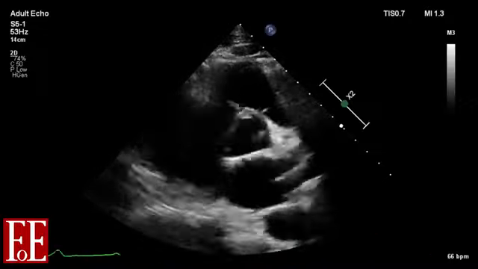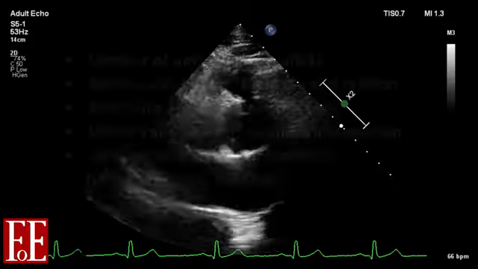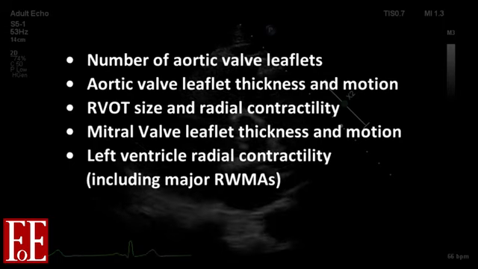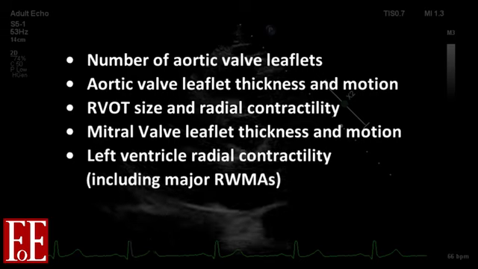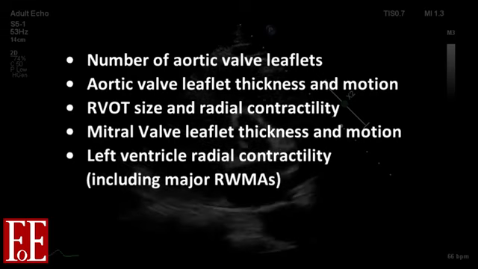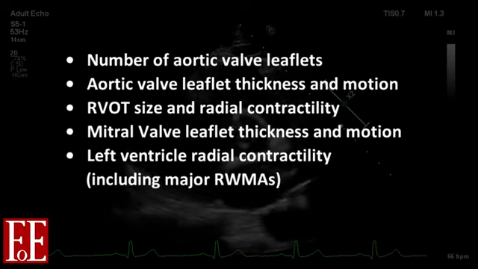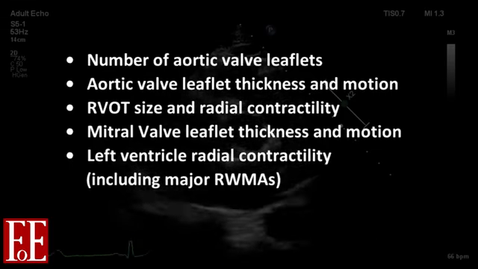From here, in a second, we're going to slowly pan through the left ventricle, and the things we're going to try and look for as we go through the parasternal short axis views are the number of aortic valve leaflets, so usually 3 leaflets, but bicuspid aortic valve is very common, the aortic valve leaflet thickness and motion, and then we're going to have a look at the right ventricle, the right ventricular outflow tract, the size and the radial contractility here.